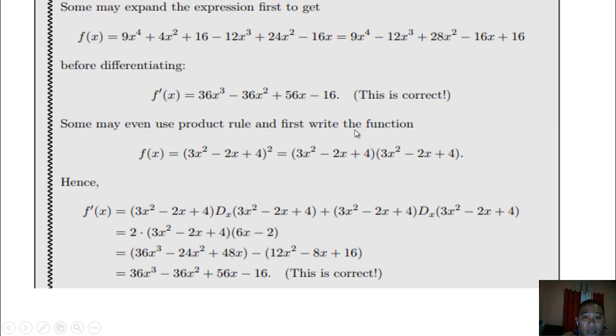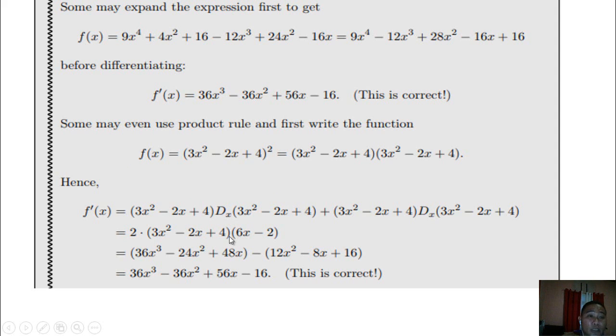The easiest way is simply to look for the derivative using the power rule and then multiply it by the derivative of what's inside. So, that means we have 2 times 1, which is 2. And then, we copy. And then, 2 minus 1 is 1. Then, the derivative of the inner is 6x minus 2 as a multiplier of this power rule.